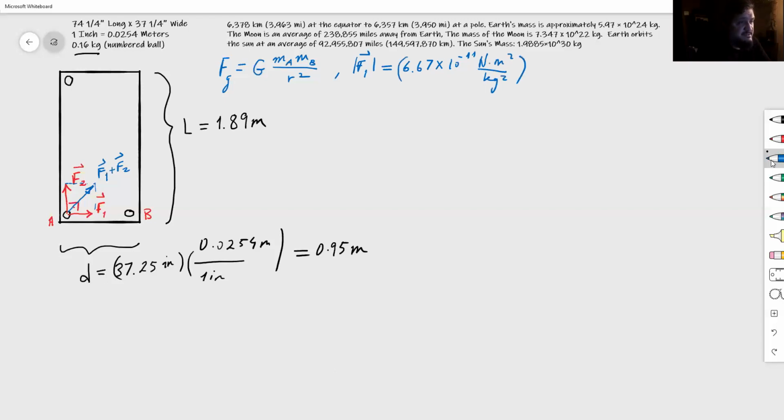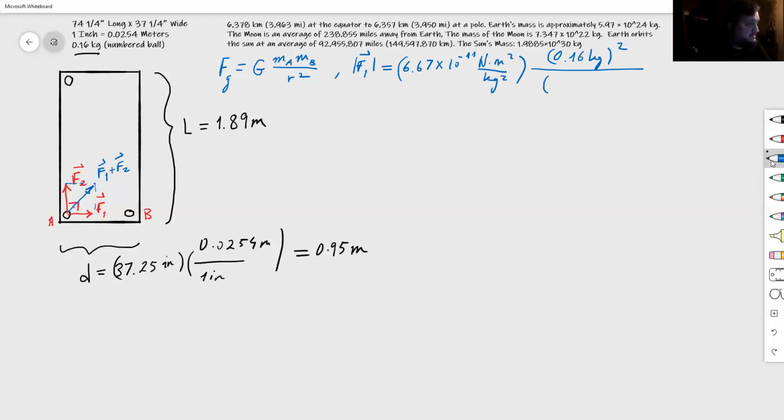Now this times MA times MB, which are both 0.16 kilograms. So I'll need here 0.16 kilograms squared.